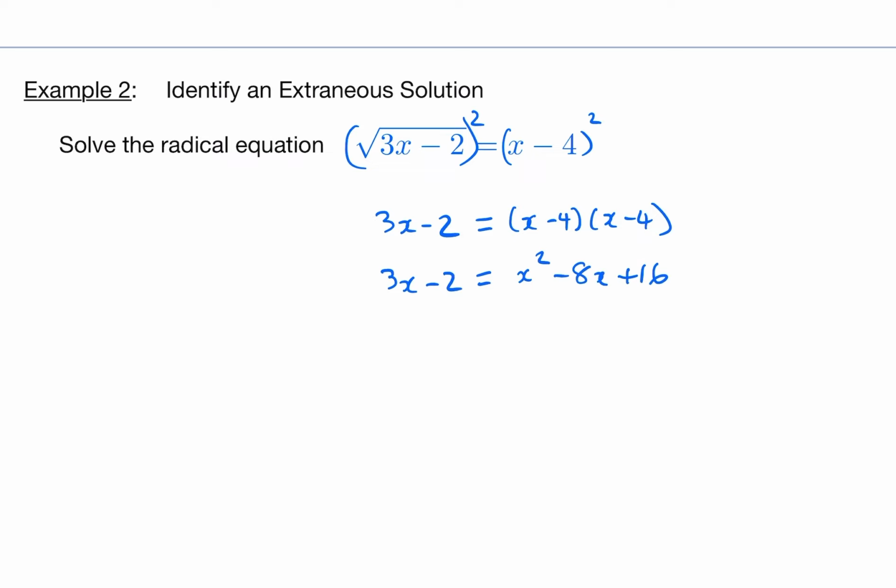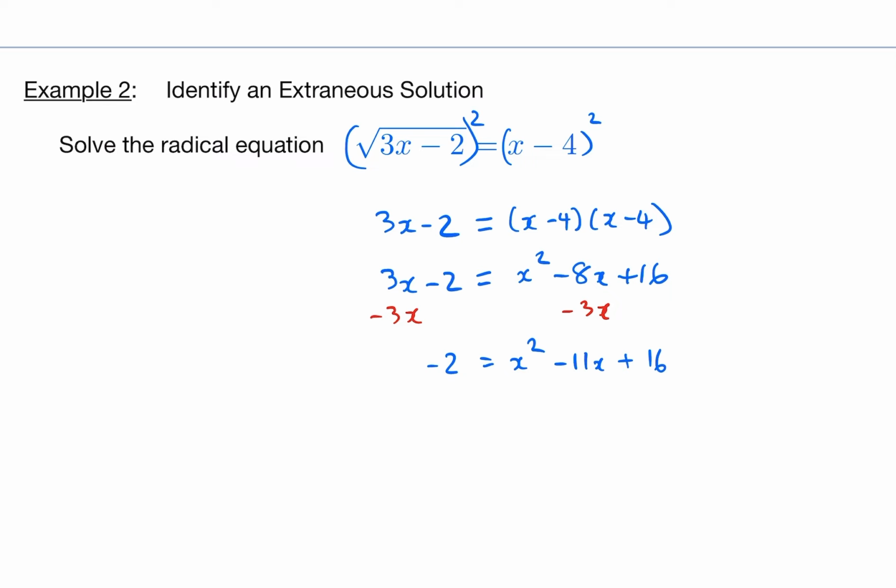plus 16. Now we're going to move both the 3x and the negative 2 over to the other side of the equation. Let's do this one step at a time, just to make sure that you understand how the movements are taking place. We subtract 3x on both sides, and we're left with negative 2 is equal to x squared minus 11x plus 16.